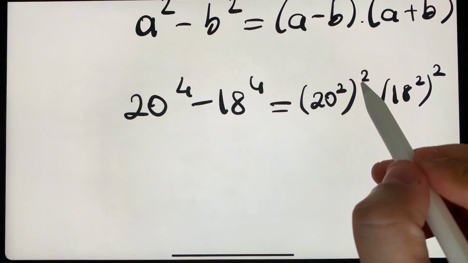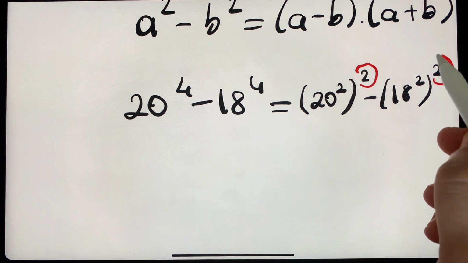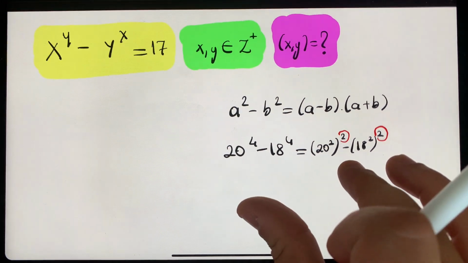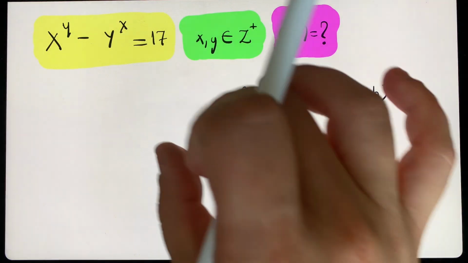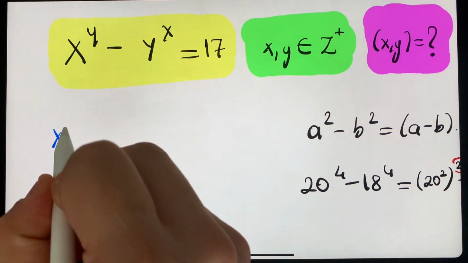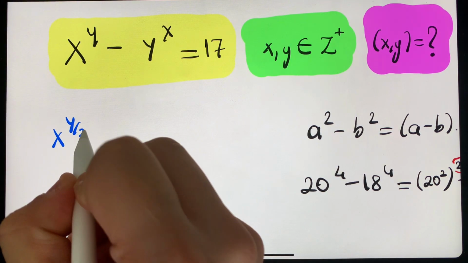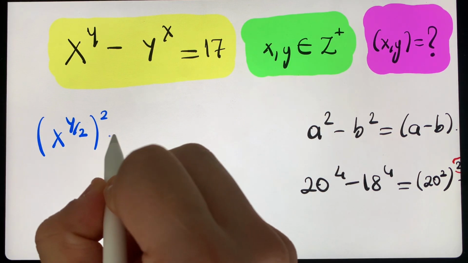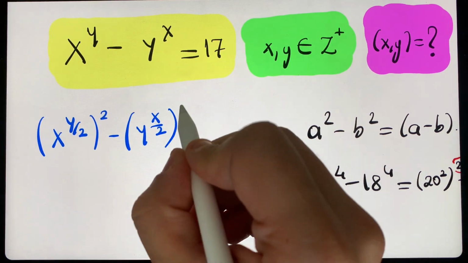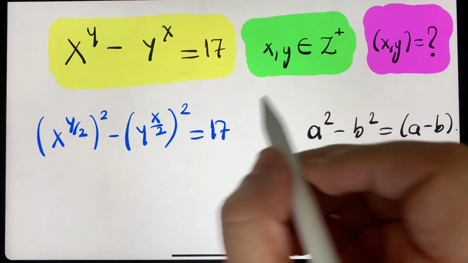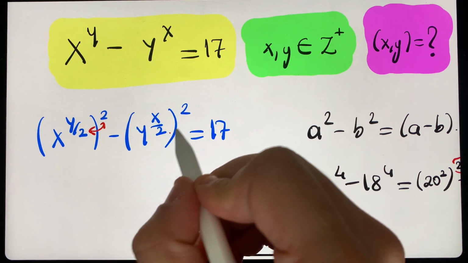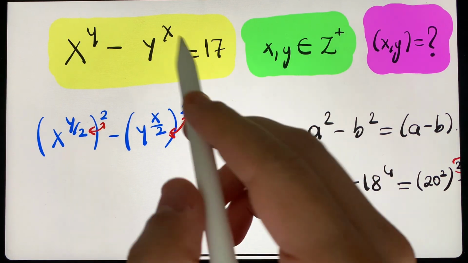If you pay attention when you write this, look, the 2 came here and the 2 came here, so I got the difference of two squares. Then I use this feature for the expression: x to the y over 2, squared, minus y to the x over 2, squared is equal to 17. If you pay attention, when we multiply the 2 and the 2 here, we get back the question above.